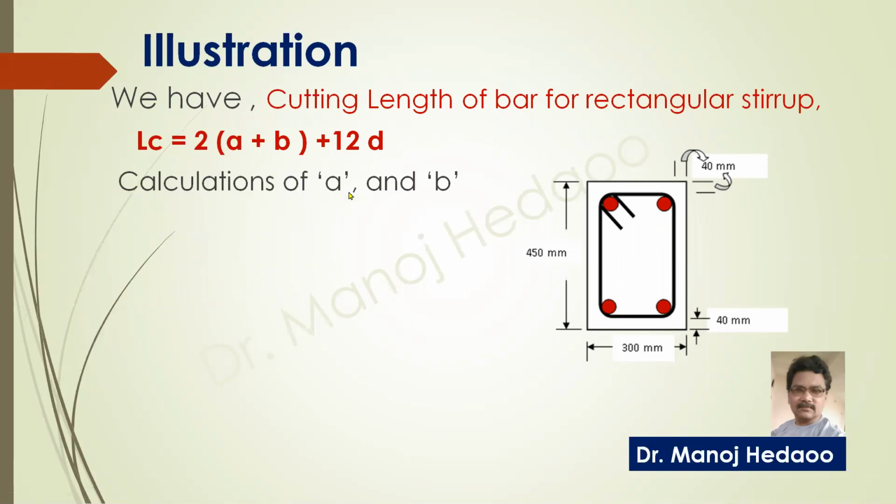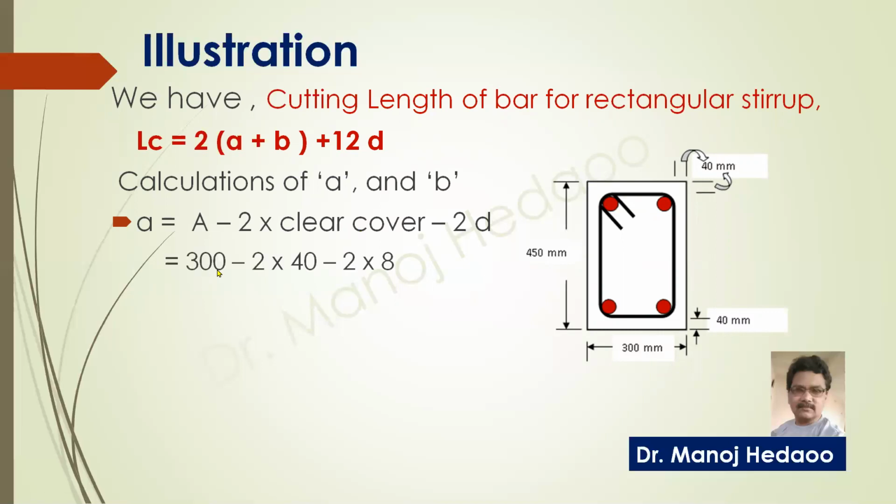Now the calculation of A and B. We have to calculate A, the internal distance of the stirrup, that is width and depth. How is A calculated? We have already seen in the last slide: capital A minus 2 times clear cover minus 2D. So I substitute values: 300 minus 2 into 40, that is clear cover, minus 2 into 8, that is diameter.